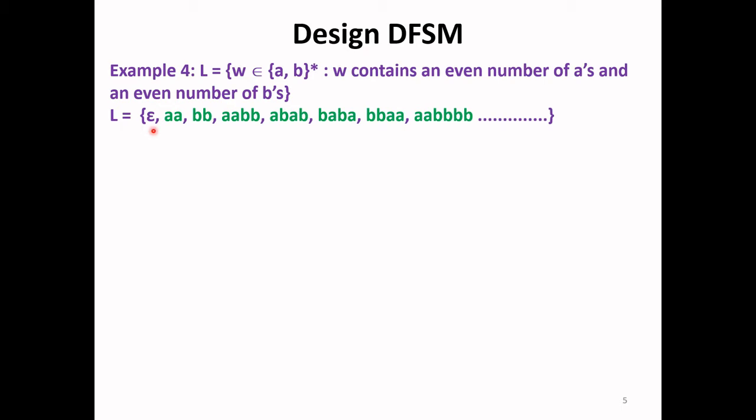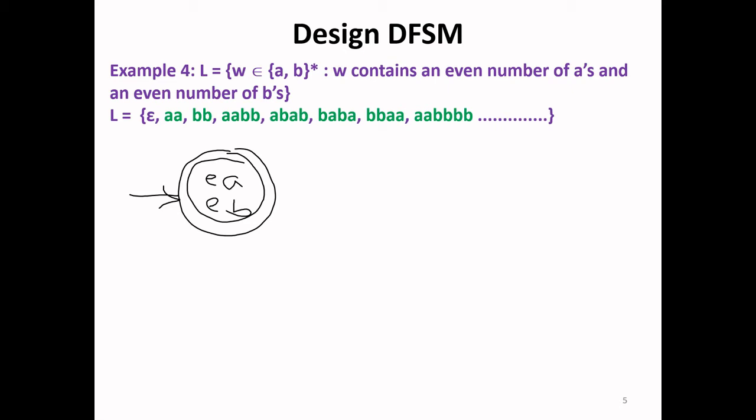What is the first string? Epsilon. That is, the initial state is the final state which has even number of A's and even number of B's.